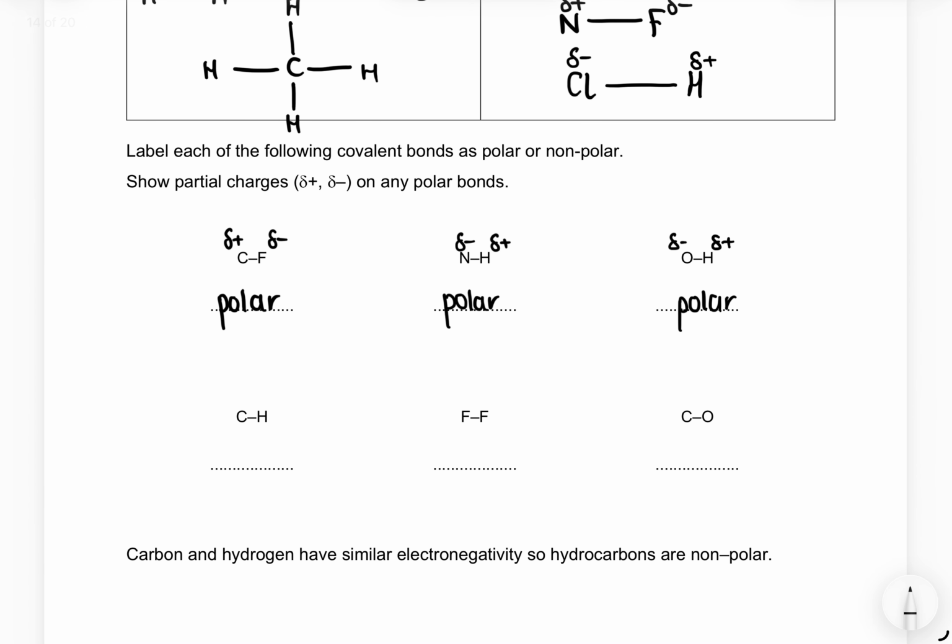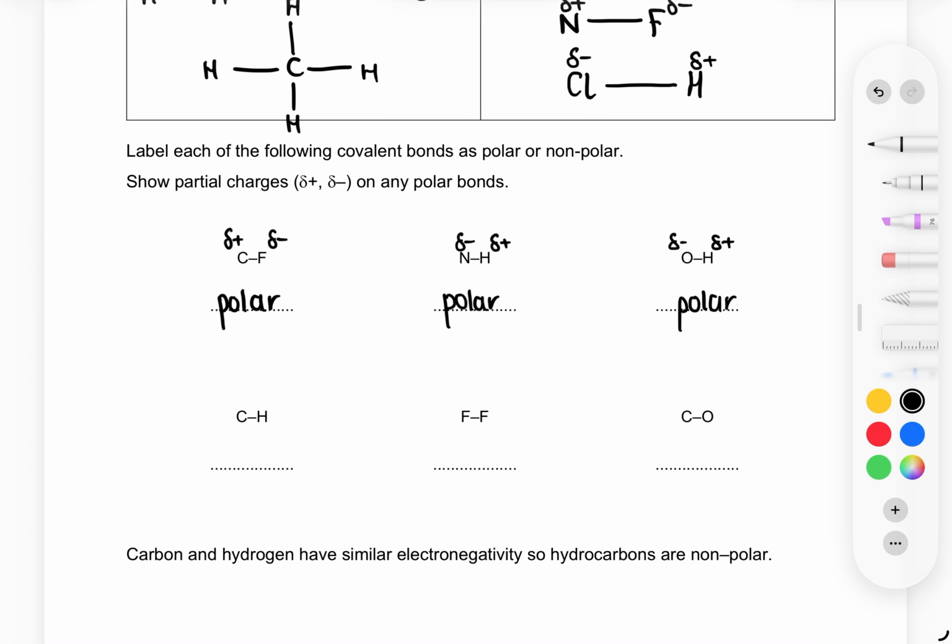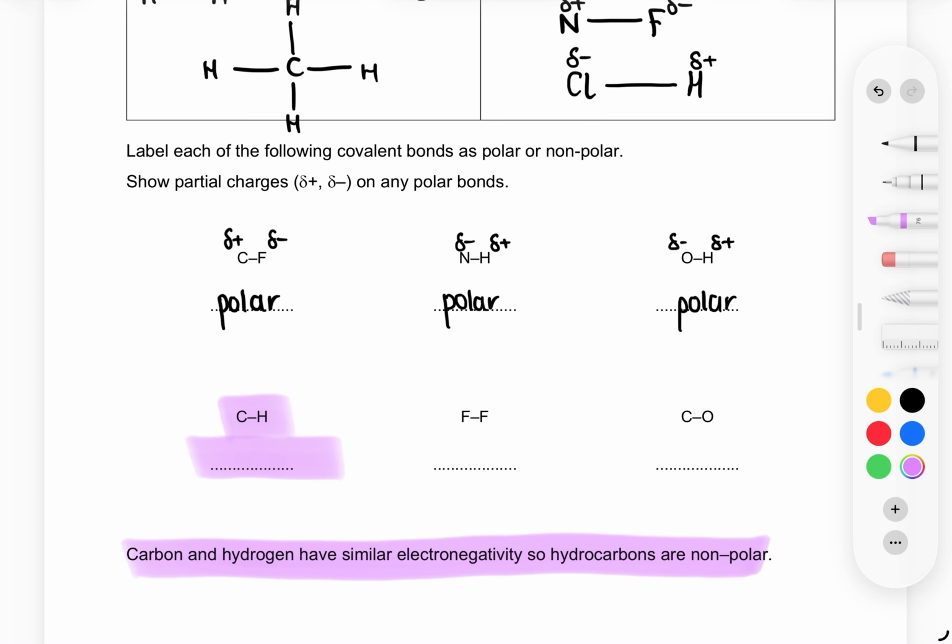C-H bond: carbon and hydrogen have similar electronegativities, hydrocarbons are non-polar. C and H have similar electronegativities. This one's non-polar because it's two identical atoms. Here, oxygen is more electronegative than carbon, and so this one is polar.